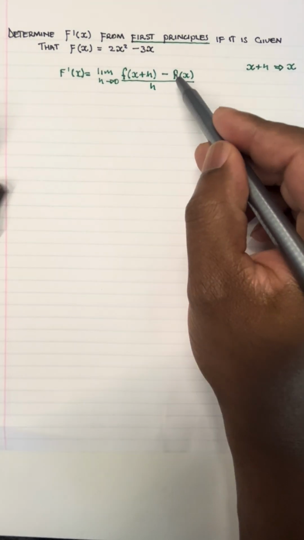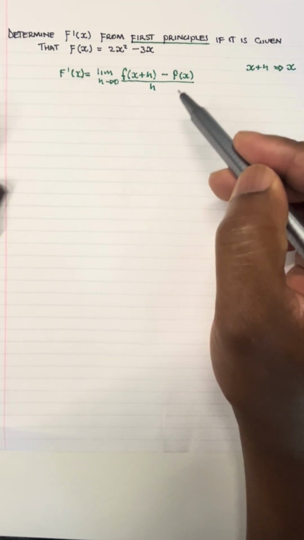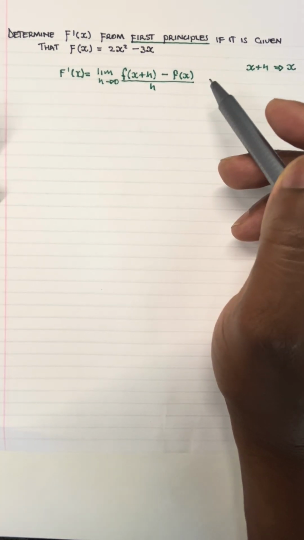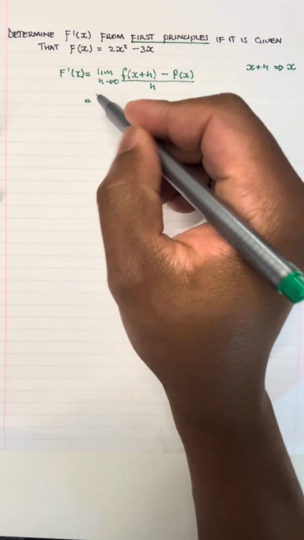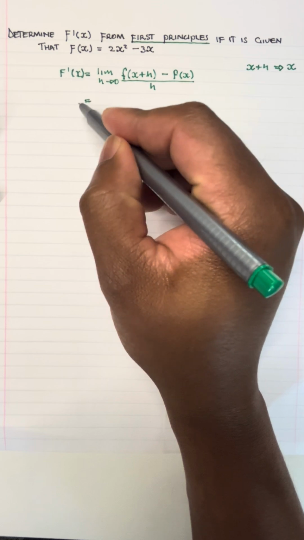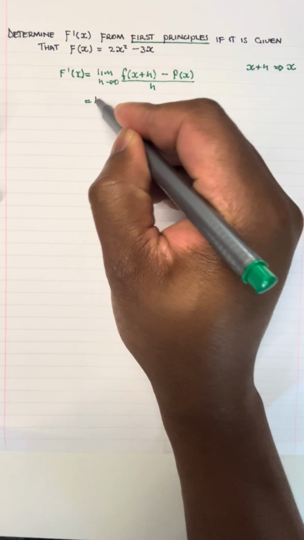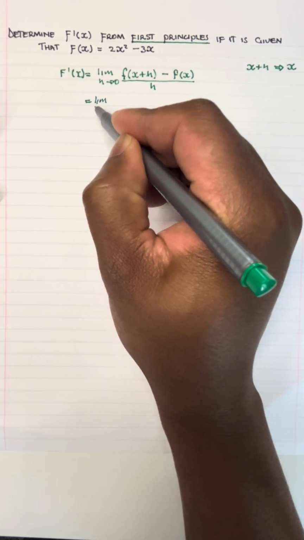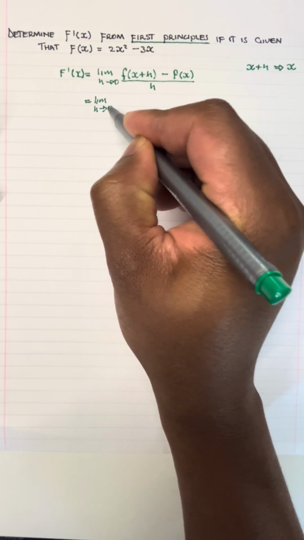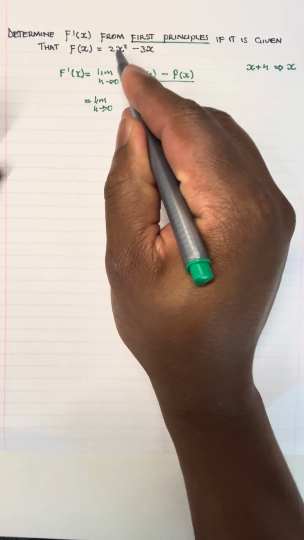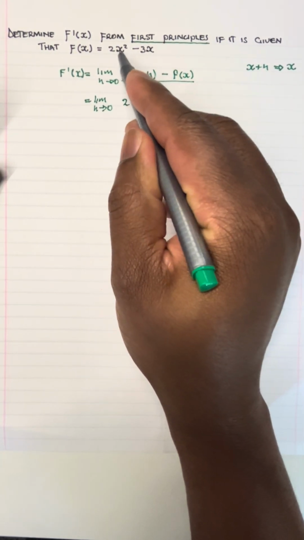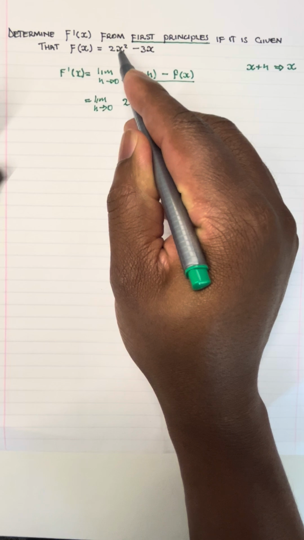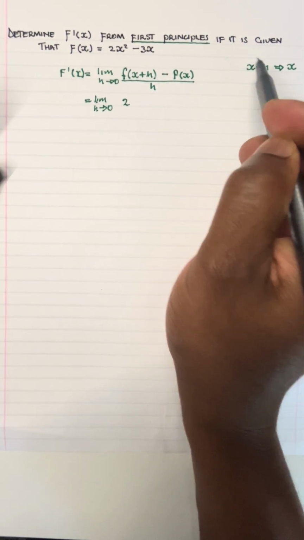And then you get rid of the f, and then you solve everything. Okay, this is how it goes. Now I'm going to say it equals, and we can still use the limit as h approaches 0. Now we come to this equation: 2, we said everywhere where there's an x, we're going to put x plus h.